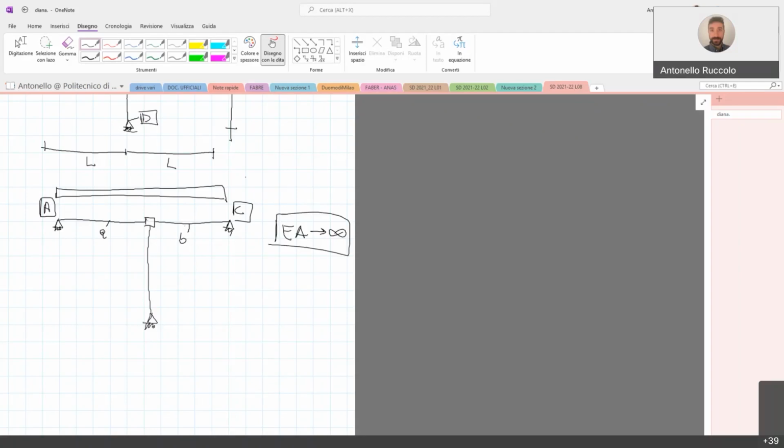So we cannot have any lateral displacement. And what about vertical displacement? Well, it is prevented as well because the axial rigidity is true also for node B, node C. Okay, so the only displacement that, in principle, I may have is the rotation in the node B. Is it clear?